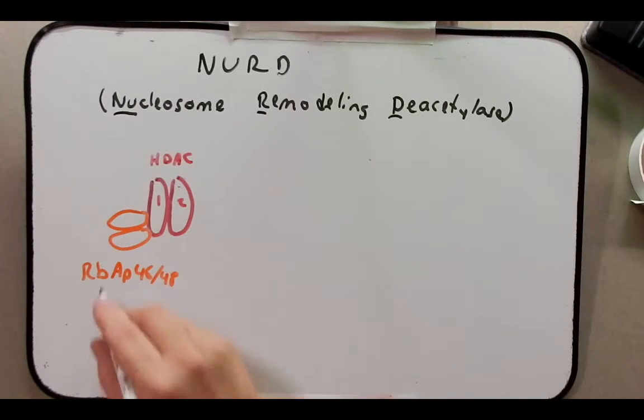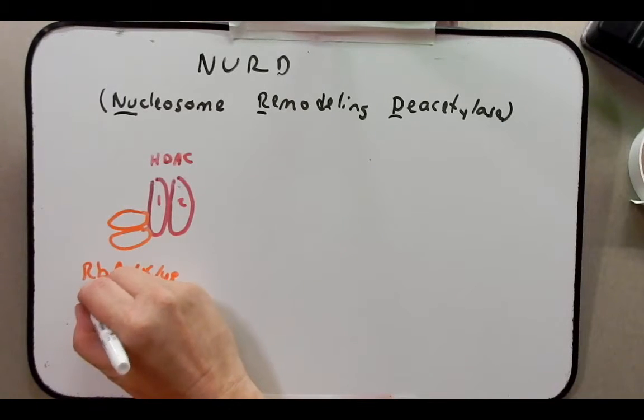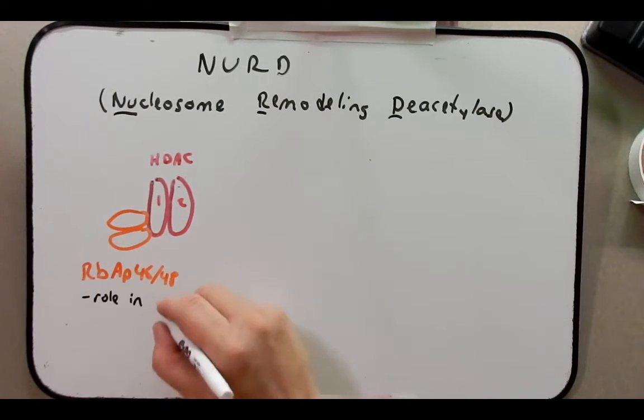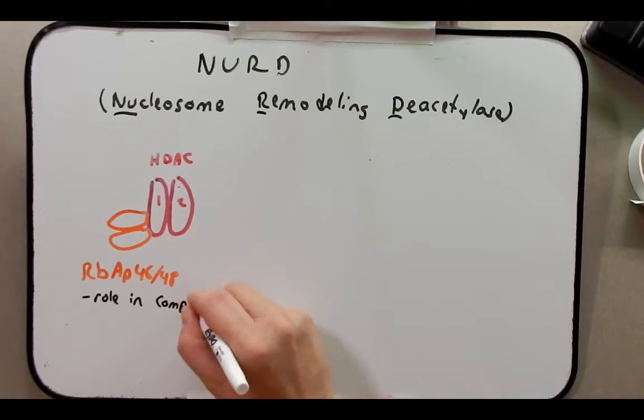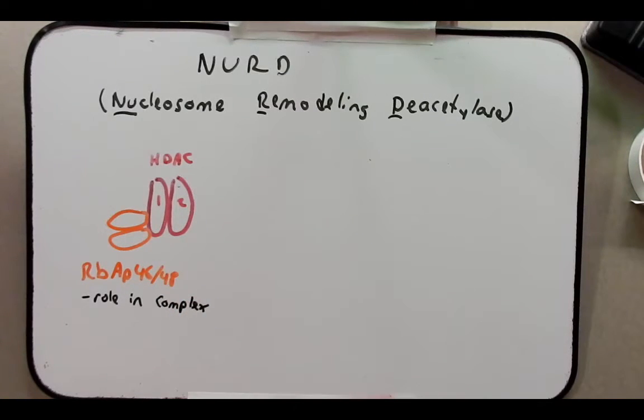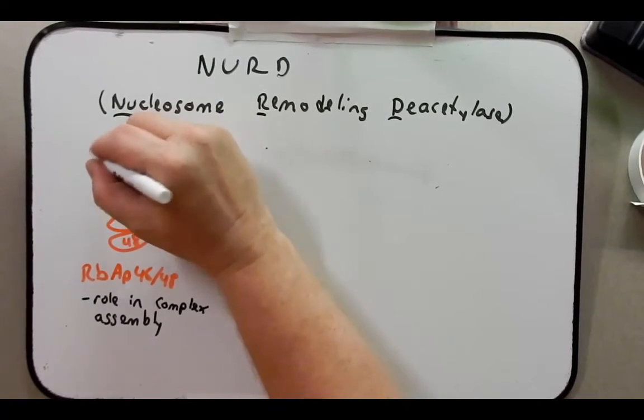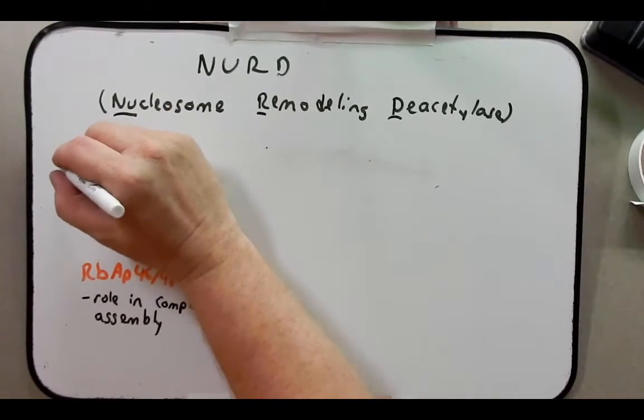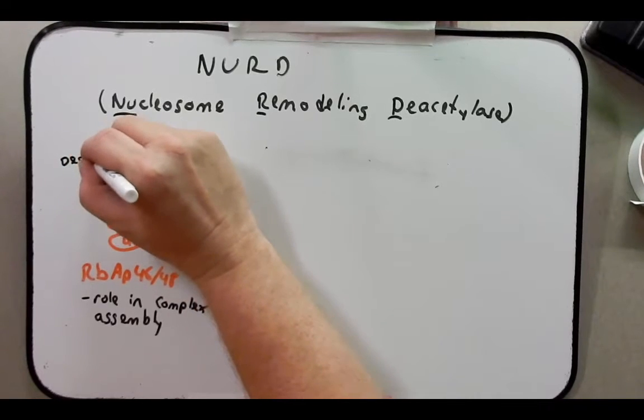RbAp46 and 48 has a presumed role in complex assembly. Without it, this complex doesn't assemble as well. And I'm going to put the function of HDACs over here: they deacetylate.